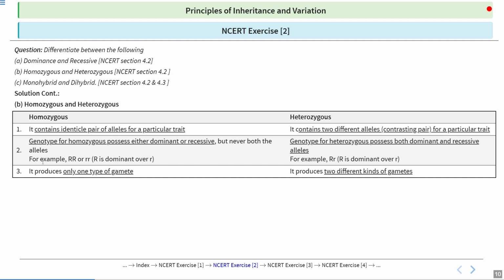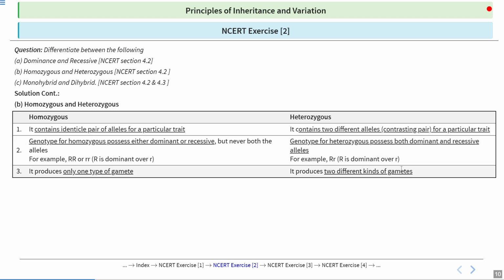For example, homozygous dominant is capital R, capital R. Small r, small r is homozygous recessive. For heterozygous, the example is capital R, small r.